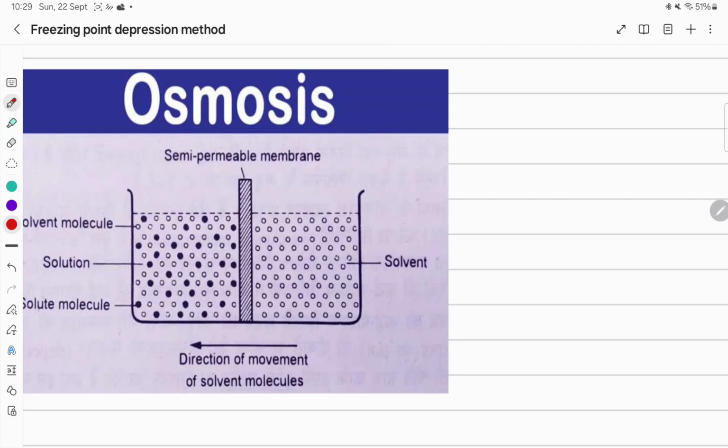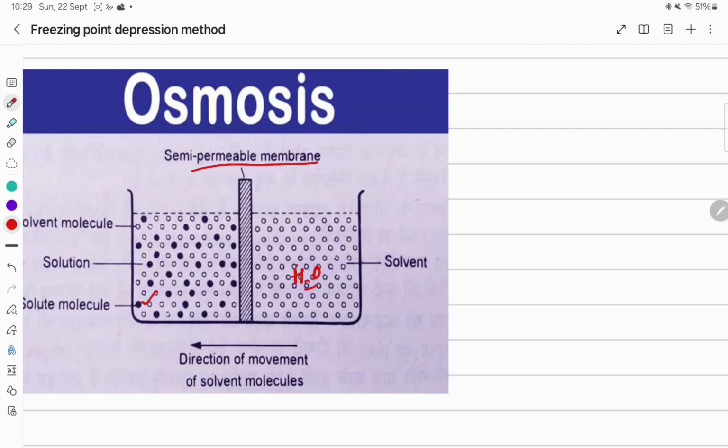So you can see here, this side the solvent, say water, is there, and this side a solution is there, that means some solute molecules are there, and they are separated by a semi-permeable membrane.